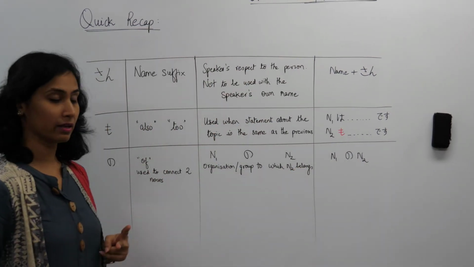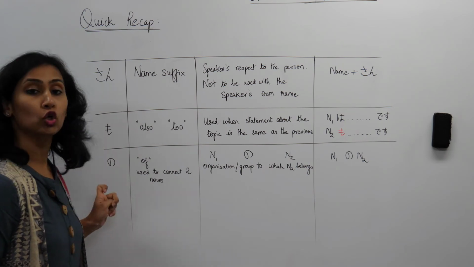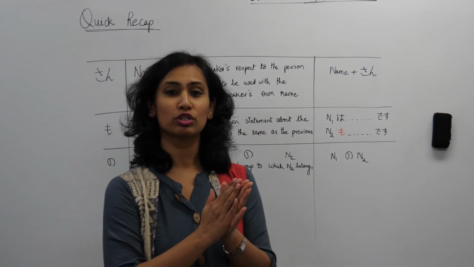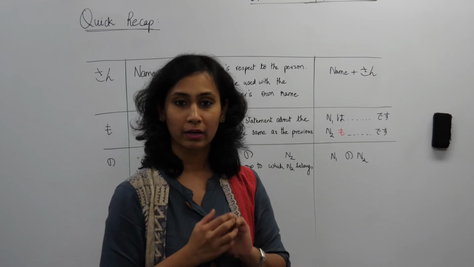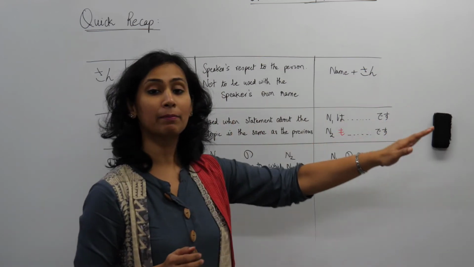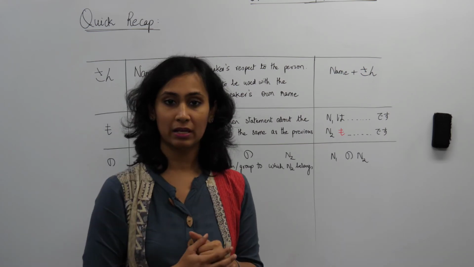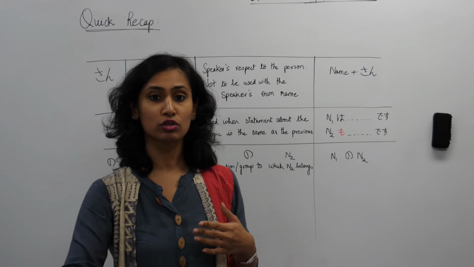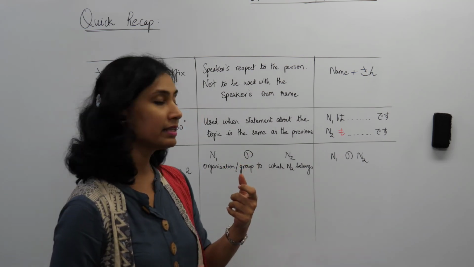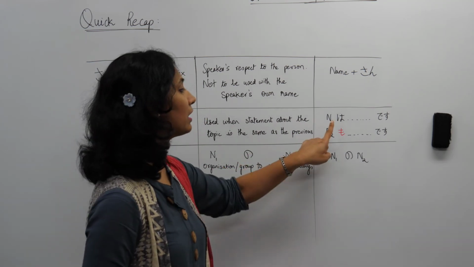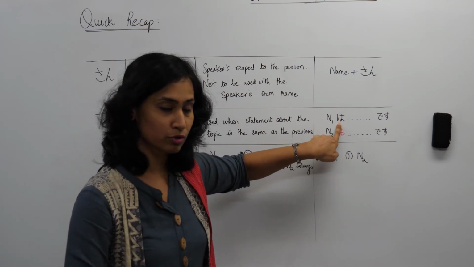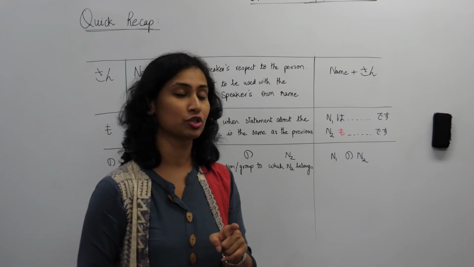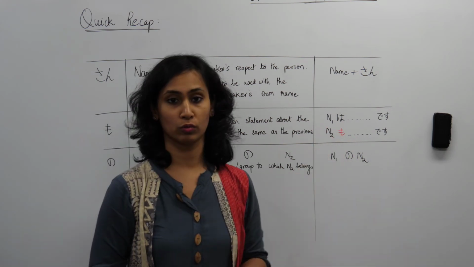The next two particles were mo and no. Mo is a particle that is used along with the subject or the topic. Whenever the statement about the topic is the same as the previous, like my mother is a doctor, my father is also a doctor. In that context, in the first sentence, the particle wa only should be used. But in the second sentence, instead of wa, you will substitute it with the particle mo.